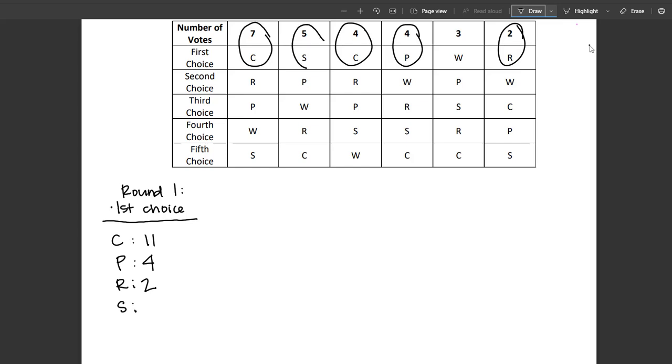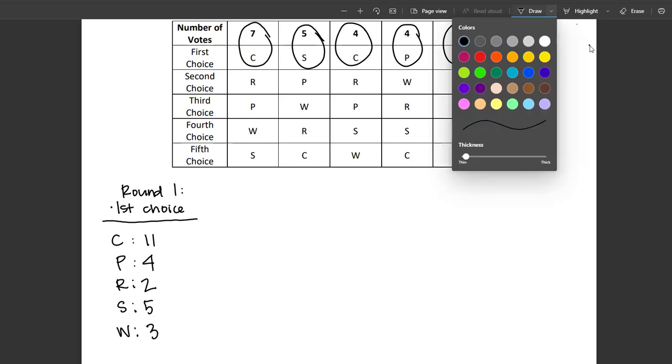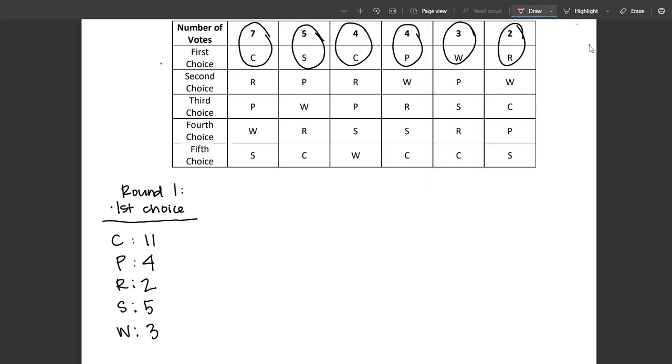Sweeney Todd, we have 5. And then West Side Story, we have 3. So Rent is our lowest. We are going to eliminate this one. And that means that these 2 votes are now going to go down to West Side Story.